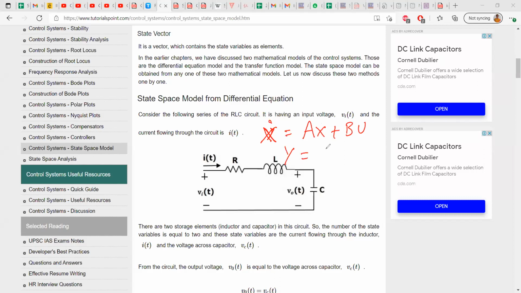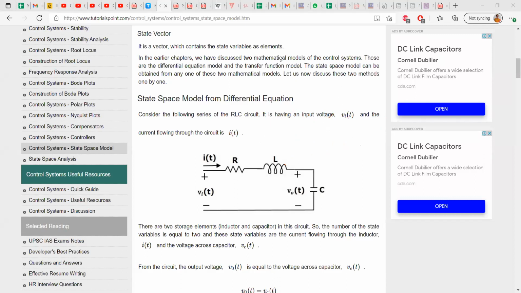Y output equal to CX plus DU, where U and Y are the input and output. X dot is the differential state vector, X is the state vector, A is the system matrix, B and C are the input and output matrices, D is the feed forward matrix.